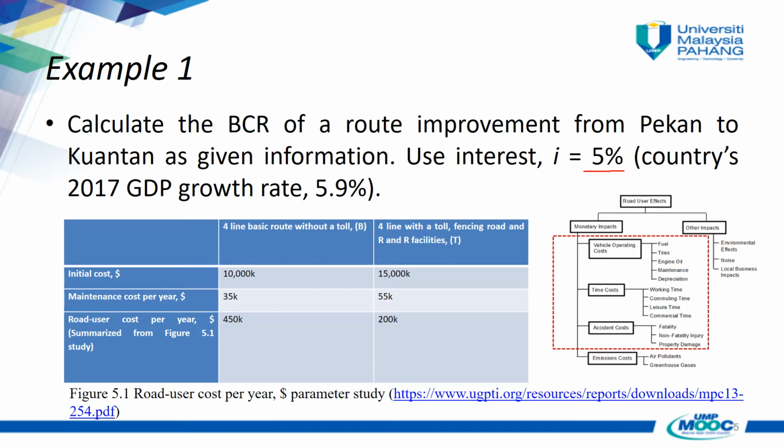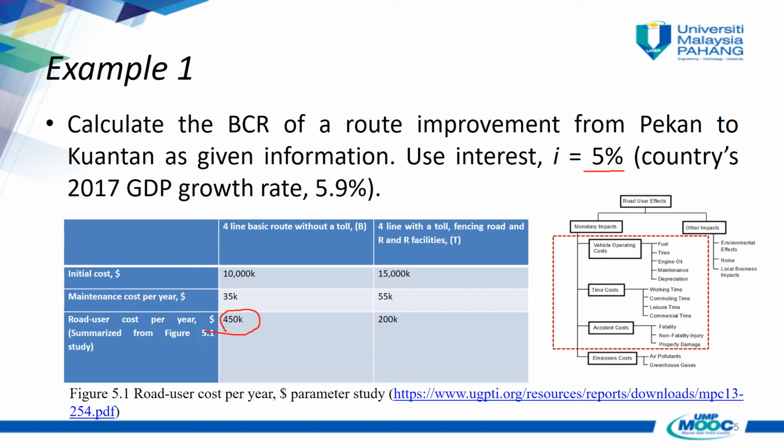So by using this data, we can calculate the road user cost per year, from figure 5.1 here. And then also, if we use a 4-lane basic road without a toll, we will have a road user cost per year of around 450,000.